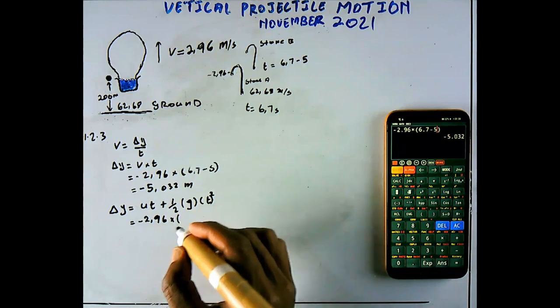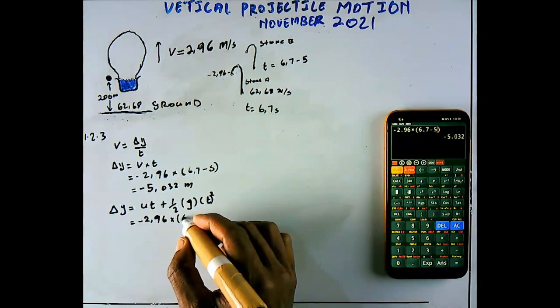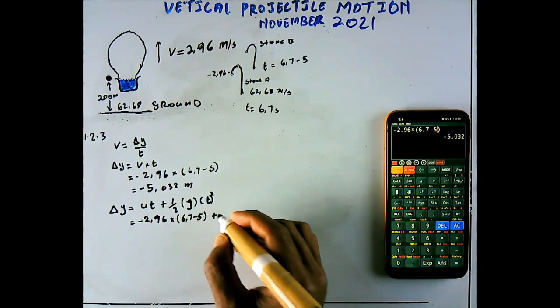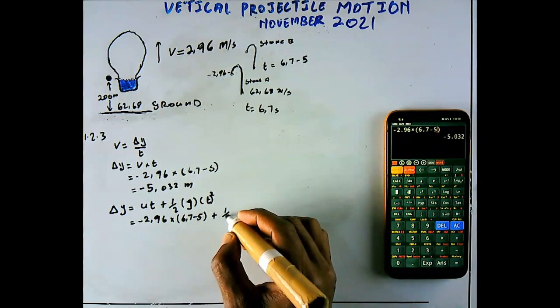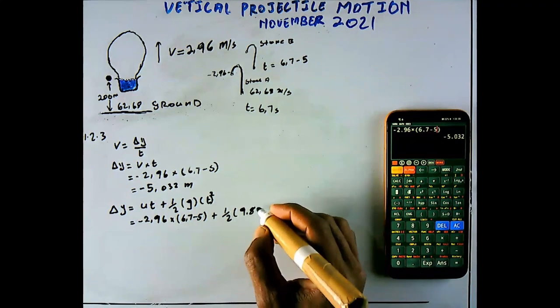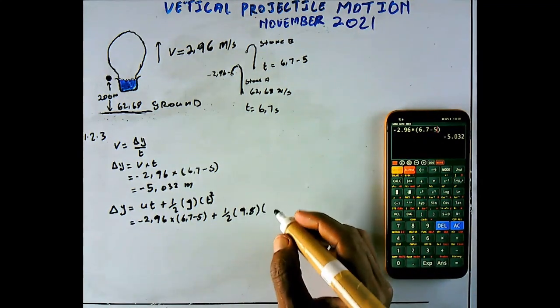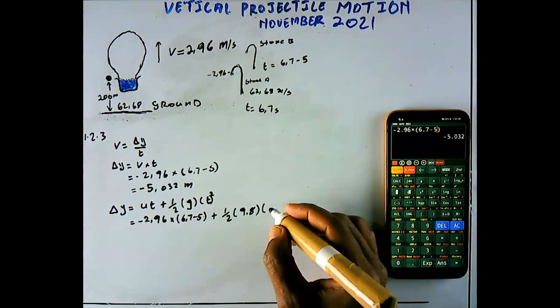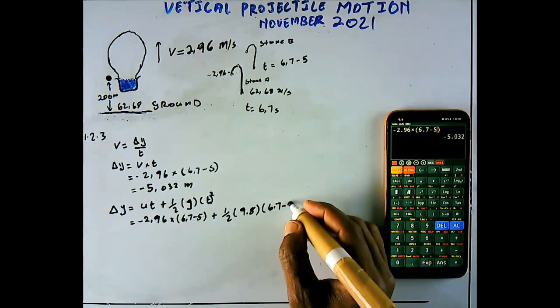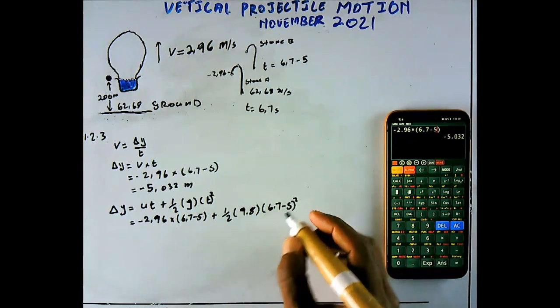Multiply by time, which is 6.7 minus 5, then plus half times 9.8, and here the time is 6.7 minus 5, squared.